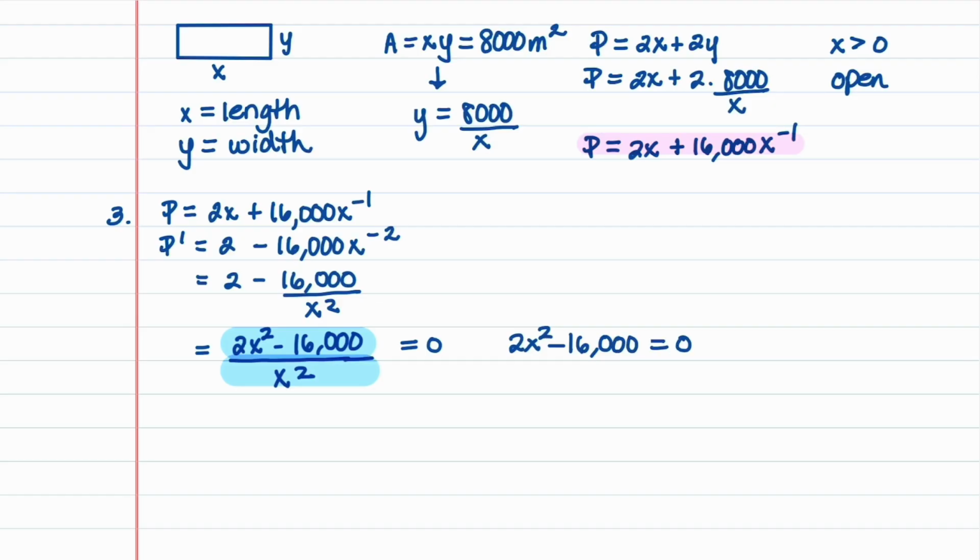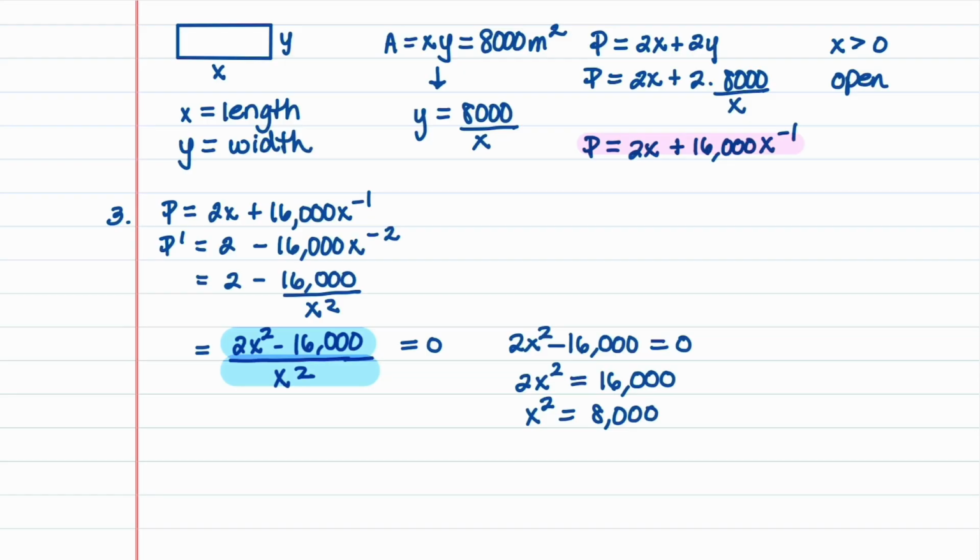I want to make a note that x is in our denominator and could be a critical value at 0, but our function is not defined at 0, so it's not going to be a critical value. So we're just going to look at where the numerator is equal to 0. So this gives us 2x squared is equal to 16,000. And this gives us x squared is equal to 8,000.